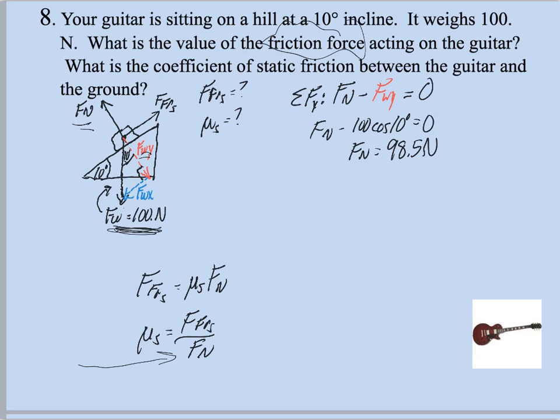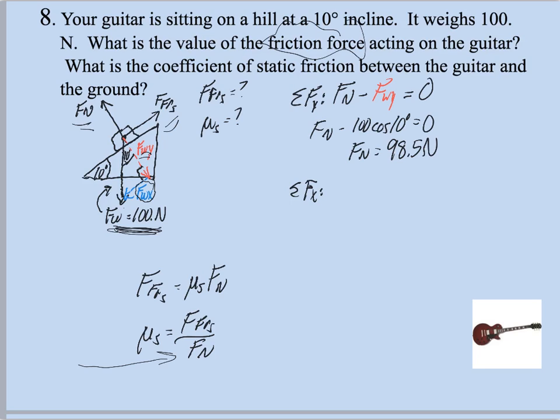What else can we sum? We can sum the forces along the x-axis. So what forces do you see going along the x-axis? Well, remember, that would be parallel to the surface of the incline, right? So I see a friction force, and I see a component of the weight vector, Fwx. So those are the only two along the x-axis, and it's at equilibrium.